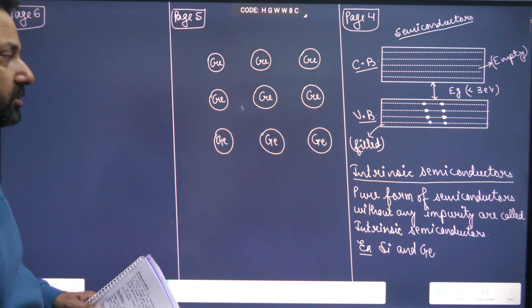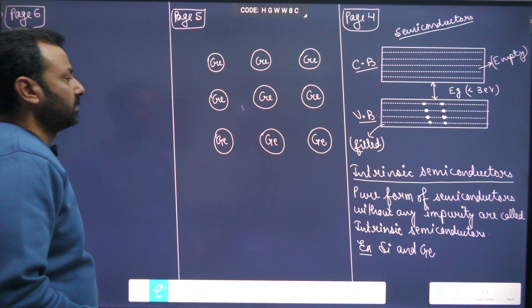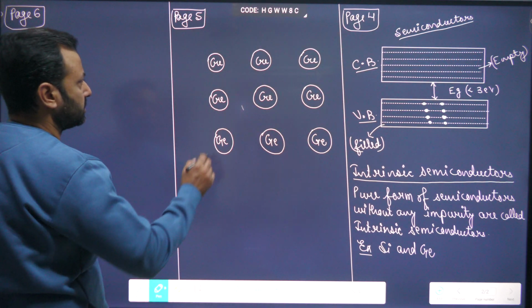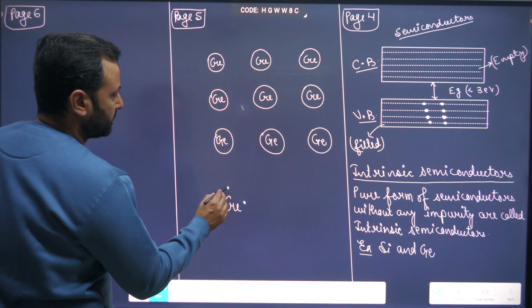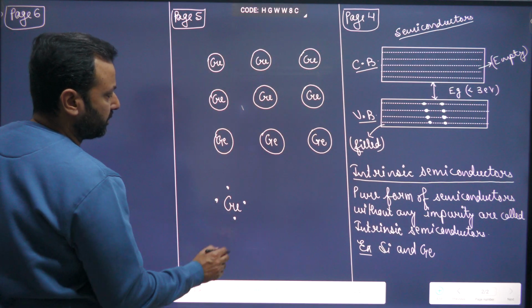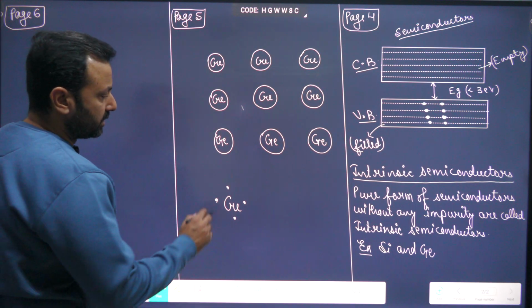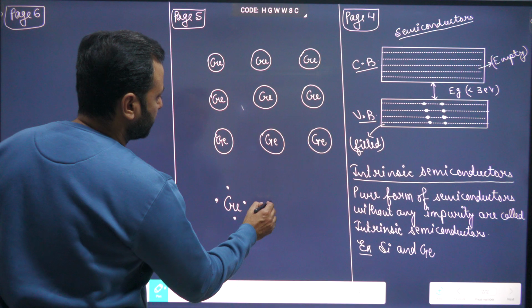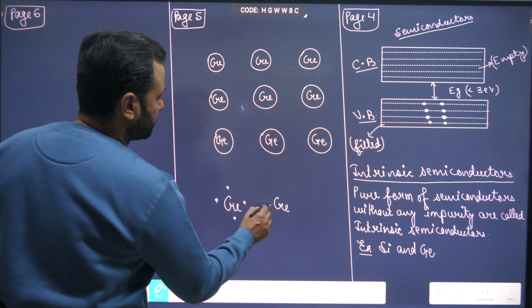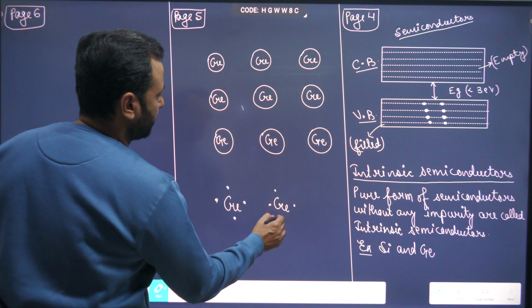Tetravalent means germanium has 4 valence electrons in its outermost shell. This is the electron dot structure of germanium. And the next germanium atom also has 4 valence electrons.